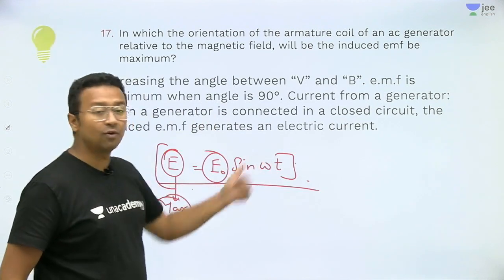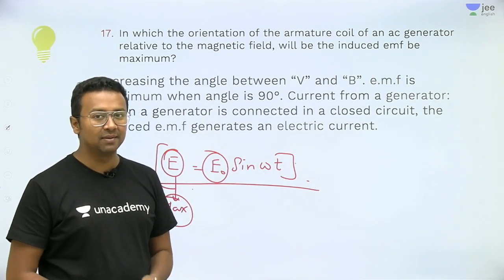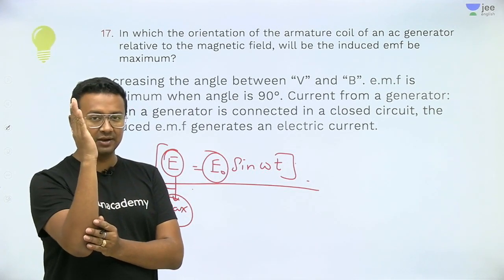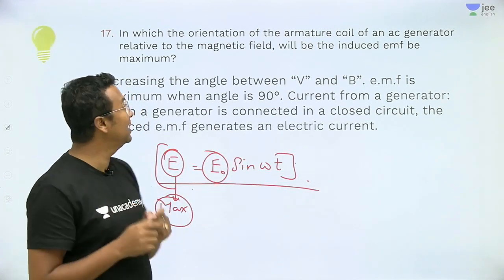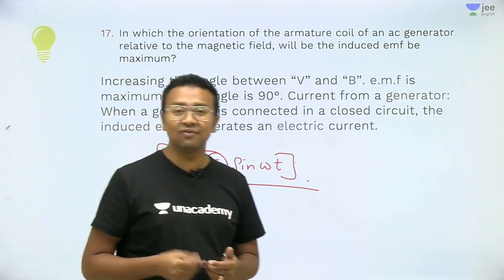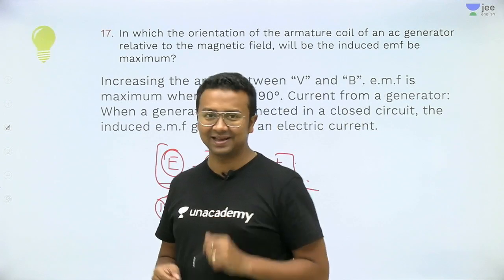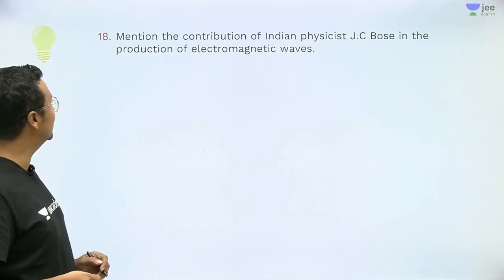When sine of omega t is maximum. When does sine of omega t become maximum? When it is at 90 degrees. So 90 degrees should be the angle of the armature with respect to the magnetic field for the EMF to be maximum. Moving ahead to the next question.